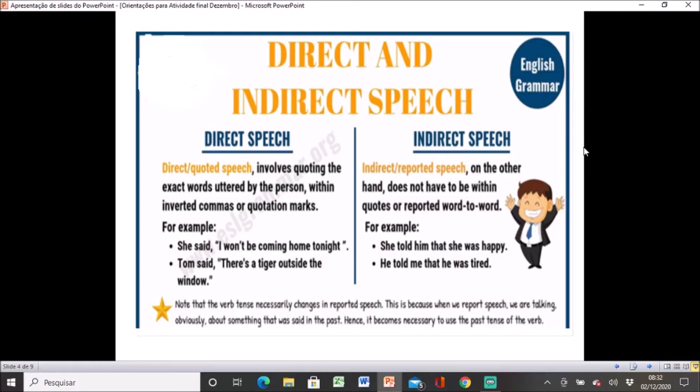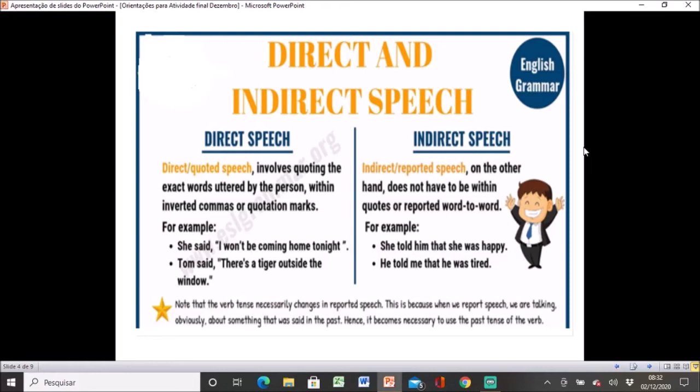Note that verb tense necessarily changes in reported speech. This is because when we report speech, we are talking obviously about something that was said in the past. Hence, it becomes necessary to use the past tense of the verb.